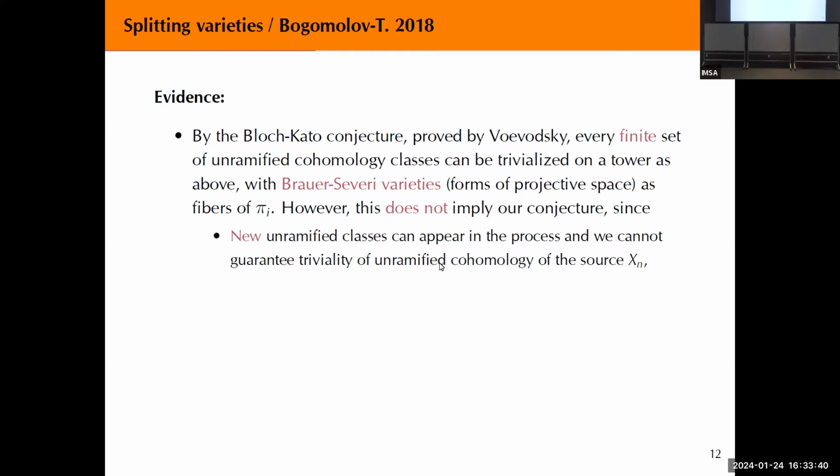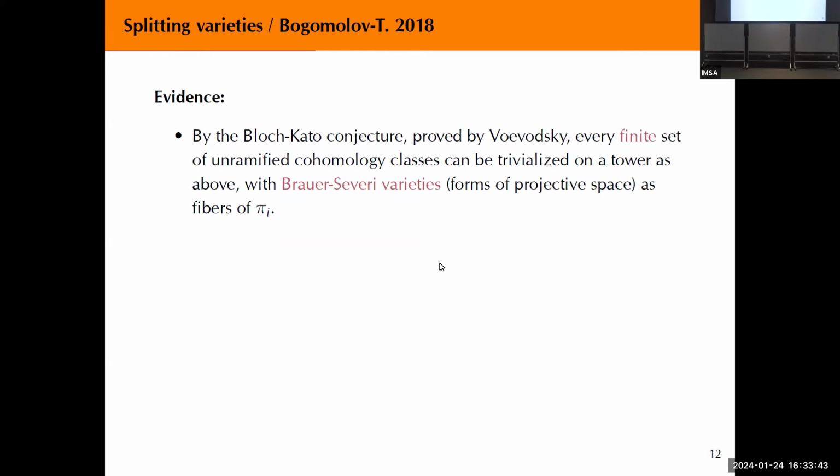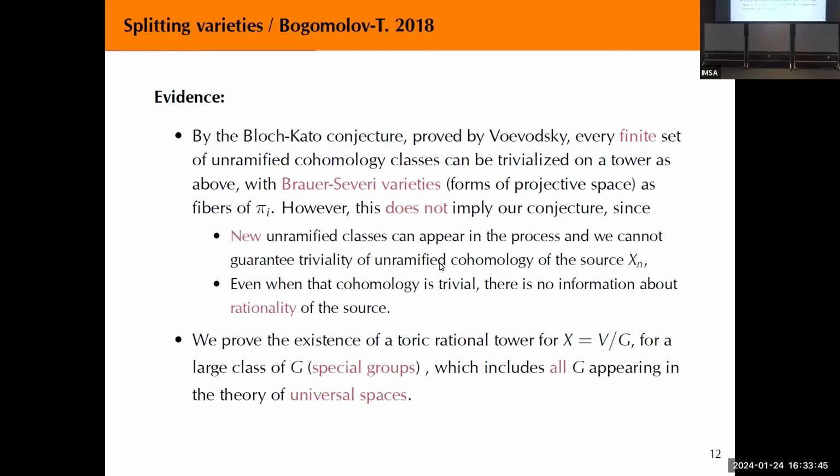The second, and perhaps more important, problem is that in these constructions there is no information about the rationality of the top variety. That splitting variety, we have no idea. You may have killed all the classes in the process, but upstairs you don't know what kind of variety you have.